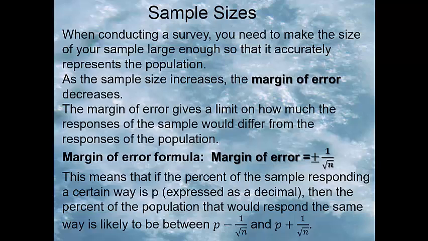The margin of error formula is plus or minus 1 over square root of n. This means that if the percent of the sample responding a certain way is p, expressed as a decimal, then the percent of the population that would respond the same way is likely to be between p minus 1 over square root of n and p plus 1 over square root of n.